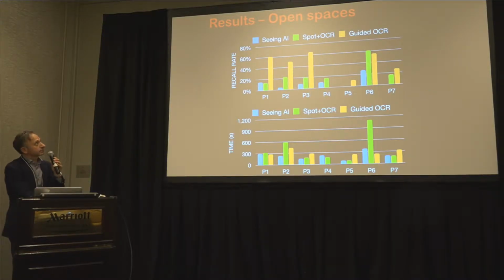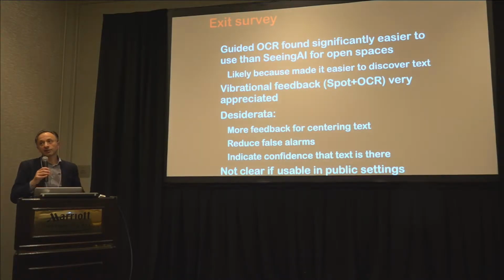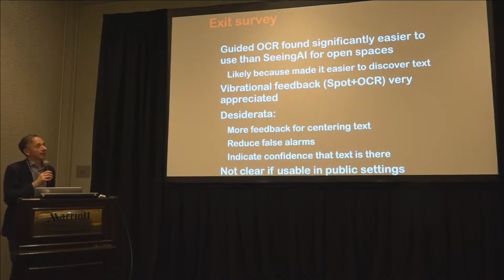Results with the open space system, where we tried all 3 mechanisms. It turns out that guided OCR, the one in which you take pictures correctly sampled in angle, gave significantly better results in terms of recall rate, with no major differences in terms of time. There was an exit survey, which I will just summarize here.